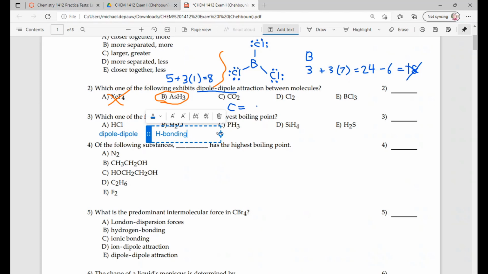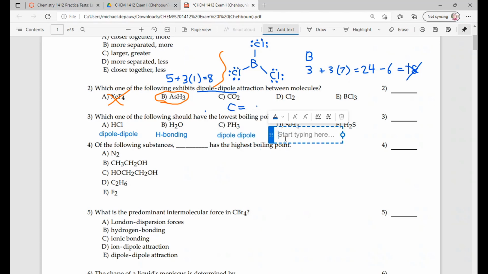And what about PH3? That's dipole-dipole. And what about SiH4? Yeah, so there's the dispersion. And what about H2S? Dipole-dipole.